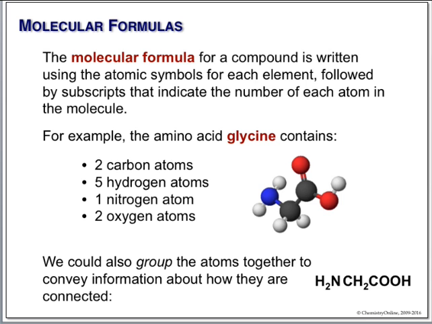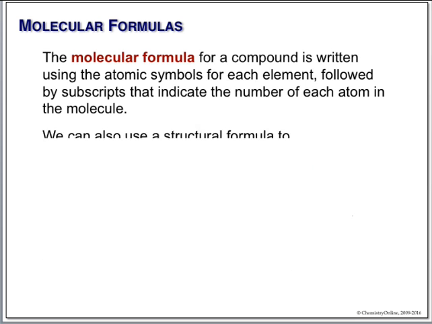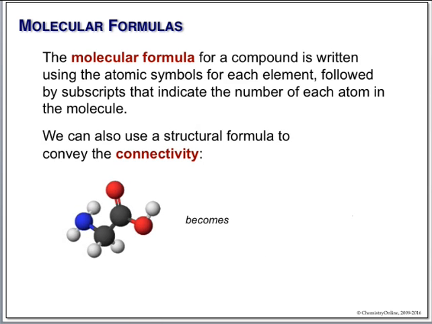Probably the best way to represent it, but it's much more of a pain, is what's known as a Kekulé structure, or Kekulé formula. Here we're going to write our NH2, more or less in Lewis style. So our nitrogen, here's our bonds. CH2 looks like this. We have a double bond to this oxygen, and then the OH.